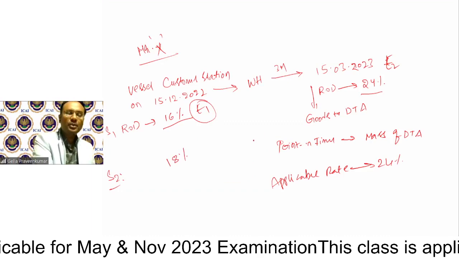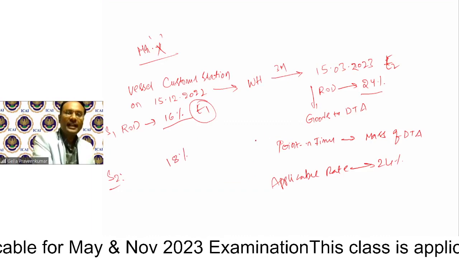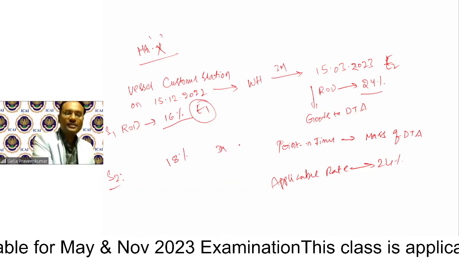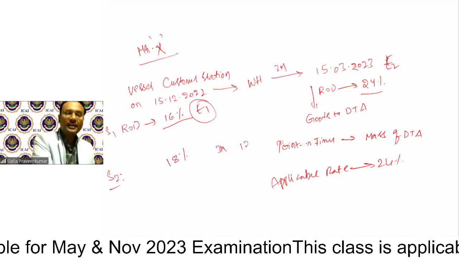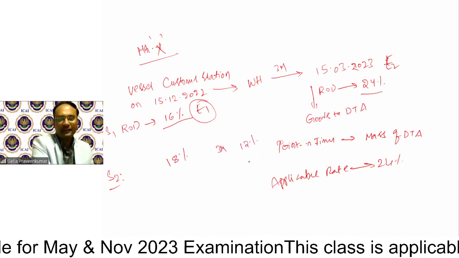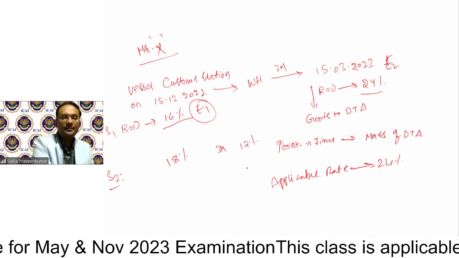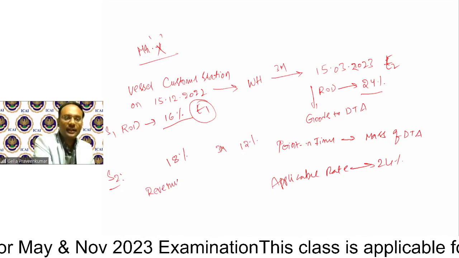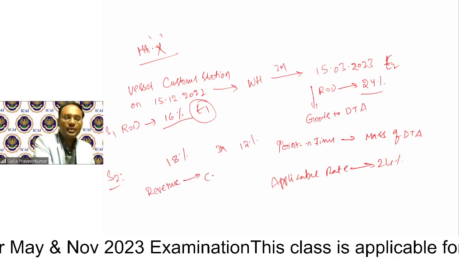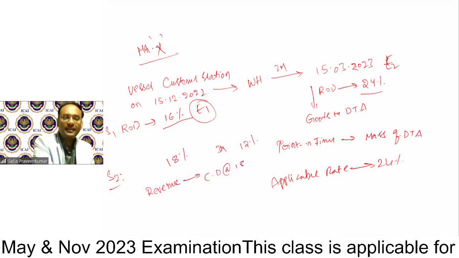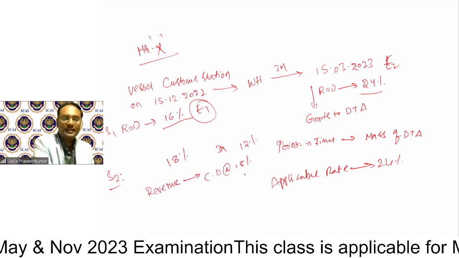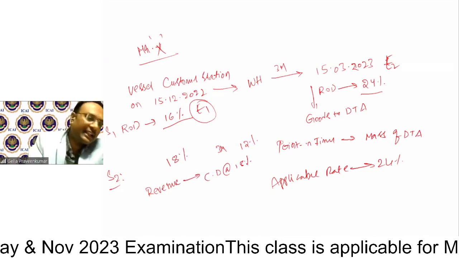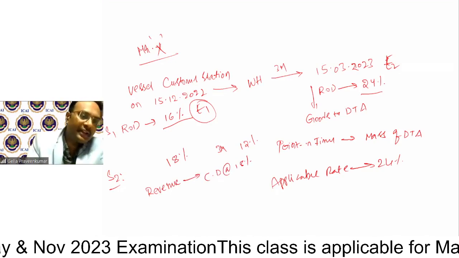These goods were stored in a bonded warehouse, and after 3 months the goods were removed, when 12% happens to be the rate of duty. So can the revenue, that is the customs authority, demand customs duty at the rate of 18%, not 12%? Instead of 12%, can they demand the rate of duty of 18%?